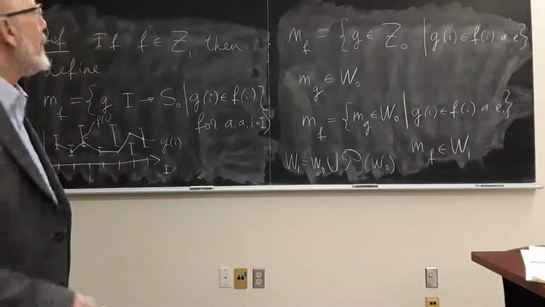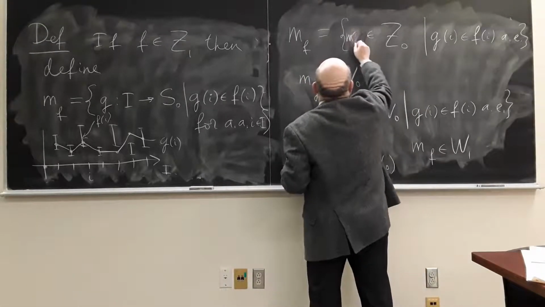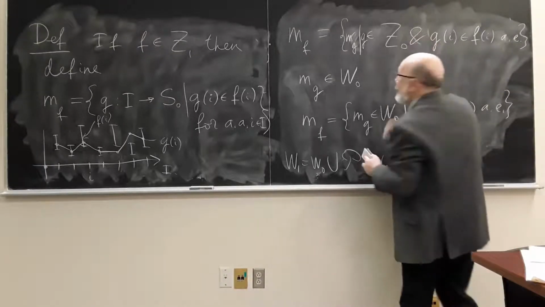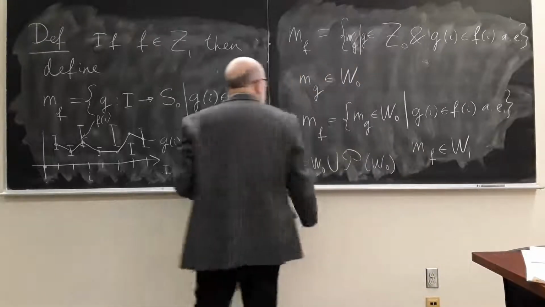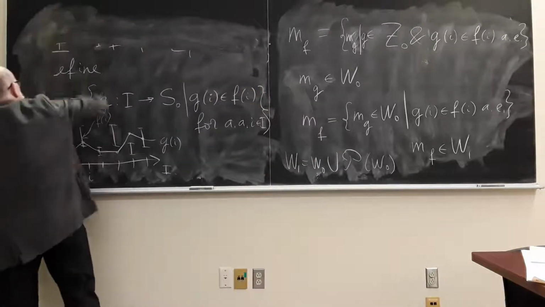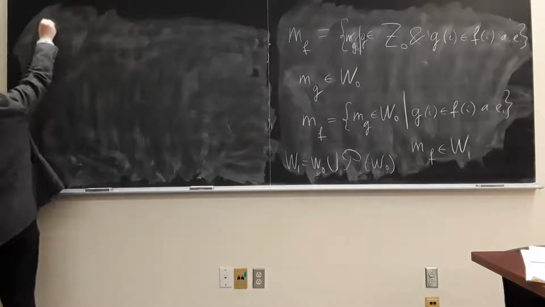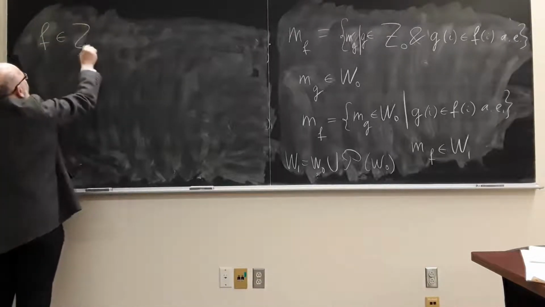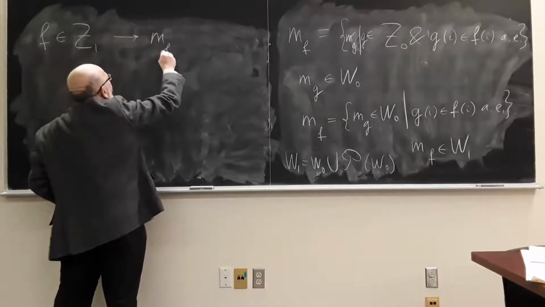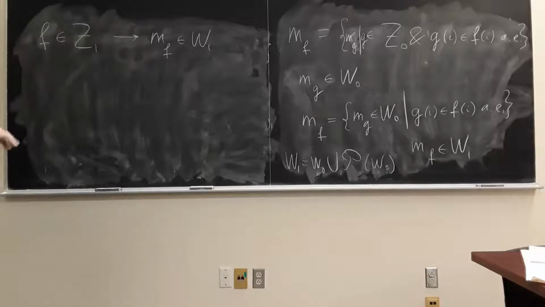And since M_f is defined as elements and not... Let me write: g such that g in Z0 and so on. So this way, for any f in Z1, we found M_f in W1 by this construction.